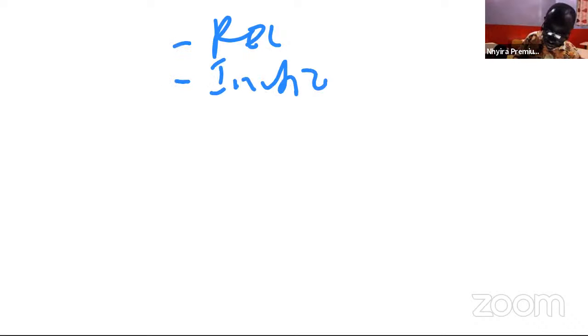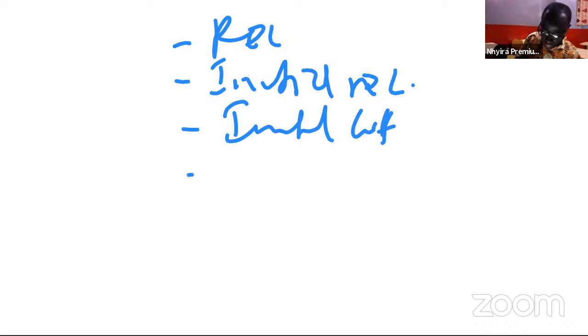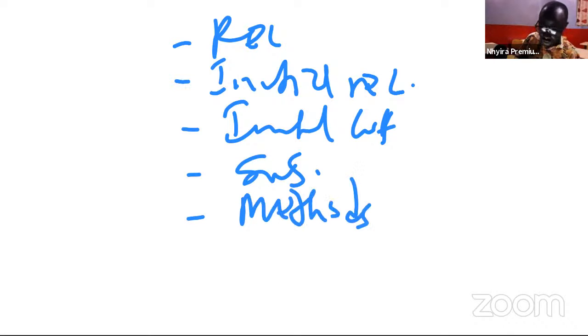So we've been able to cover so far the issues about recognition criteria, initial recognition, initial cost, subsequent measurement, and then the methods of depreciation.